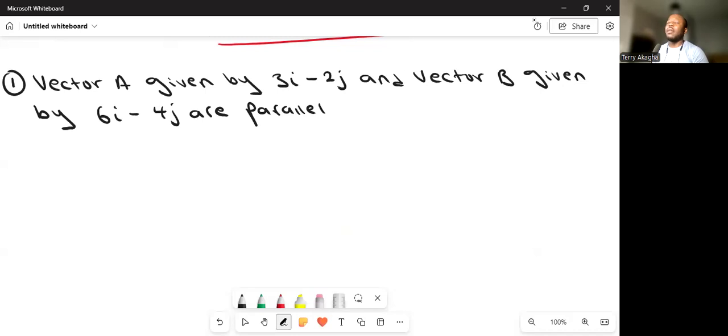So now we're told they are parallel vectors, all right? We're now told to find the dot product.